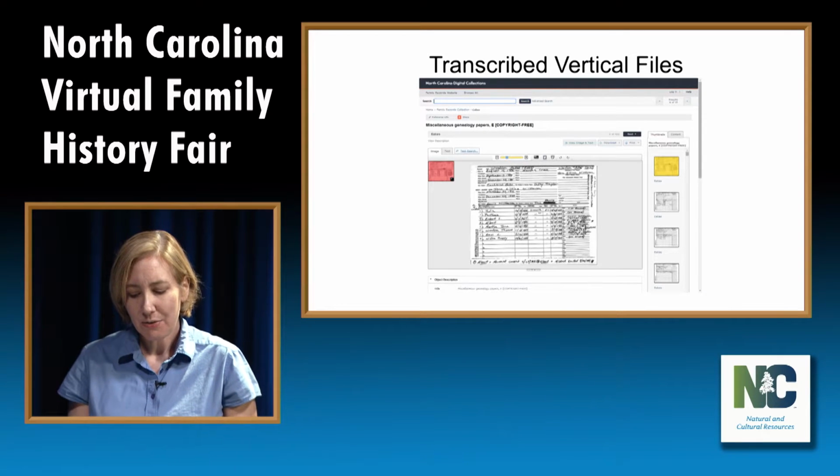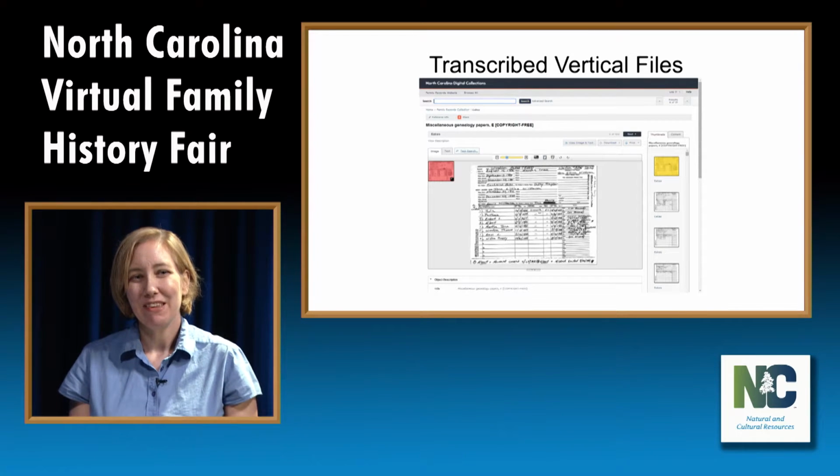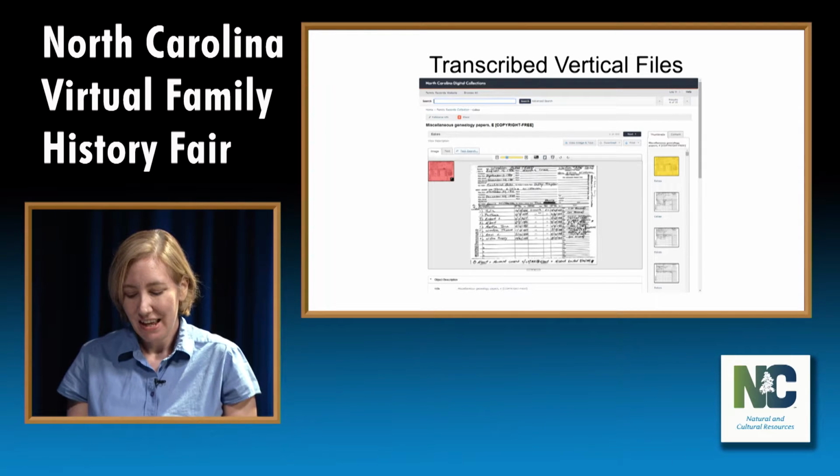So one project that we've started that has been ongoing for a few years is we are digitizing our genealogy vertical files. And the vertical files are arranged alphabetically by surname, and any pages from those vertical files that are either not copyrighted or not copyrightable, we do put online in our digital collections.